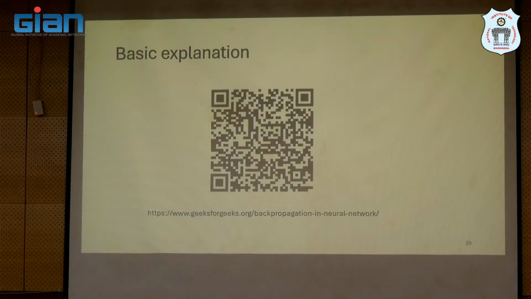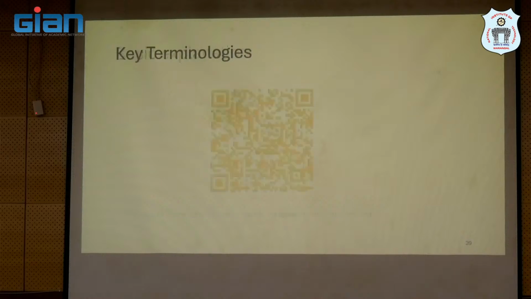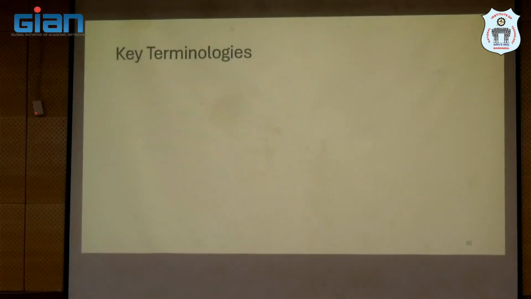Anyways, now that we have some basic understanding of how an artificial neural network works, let me just redraw that. You have the input layer, hidden layers, and then the output layer.